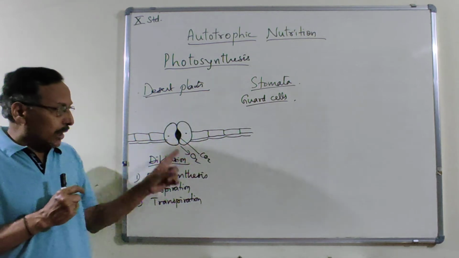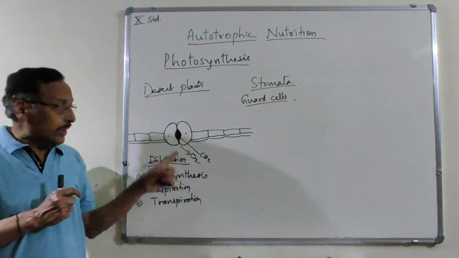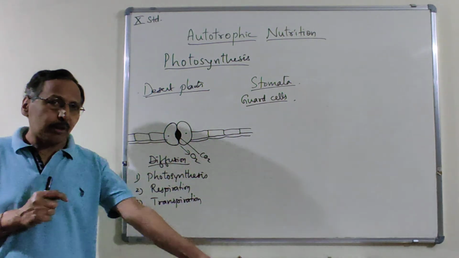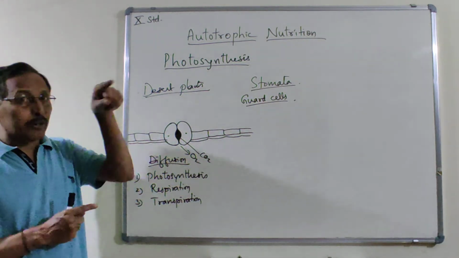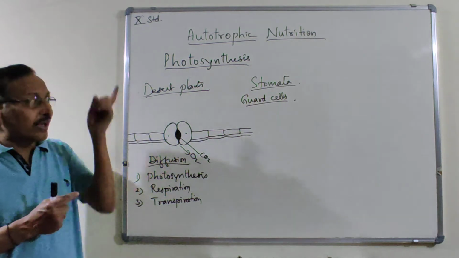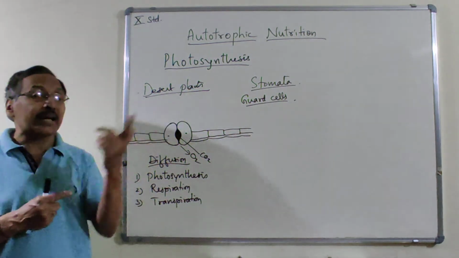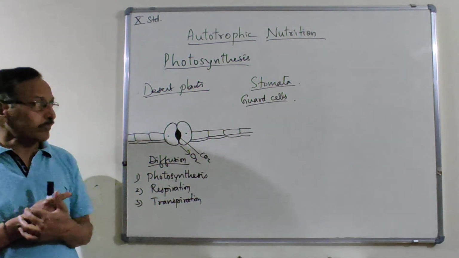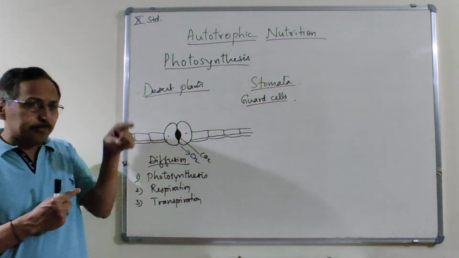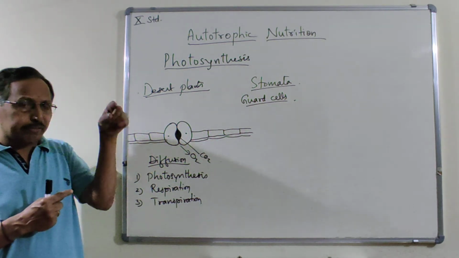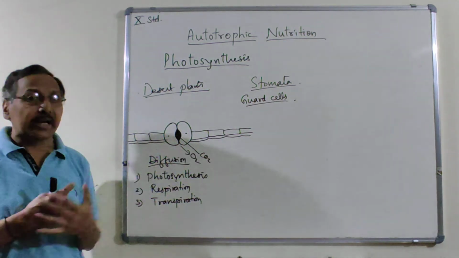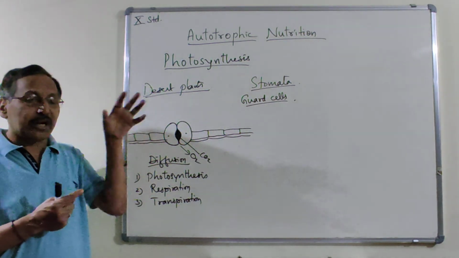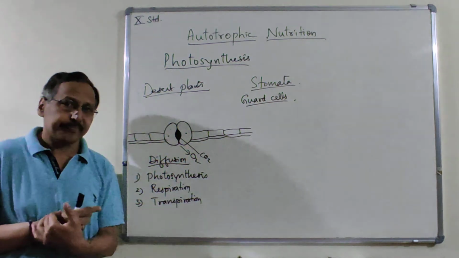If they open the stomata along with oxygen, even water vapor may come out, which they cannot afford to do. That's why they open during the night and they release oxygen at night. And then they prepare starch by a different process called CAM process. There is a different pathway by which these desert plants prepare food. Right?